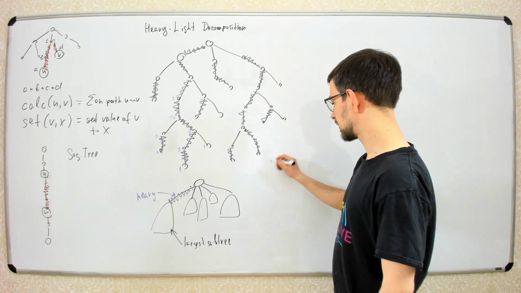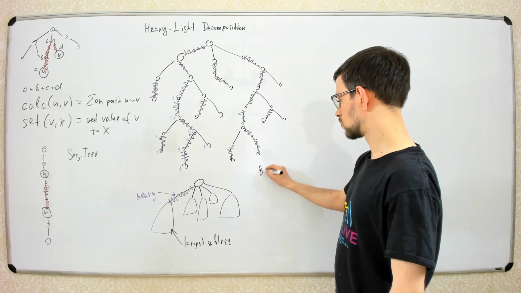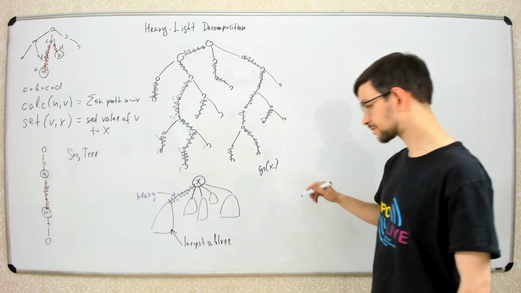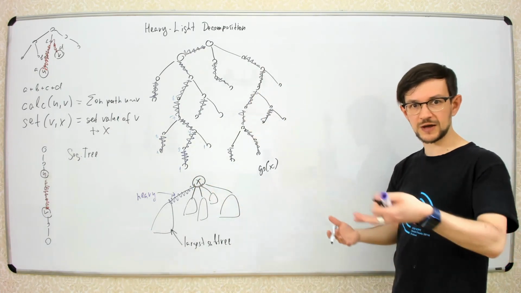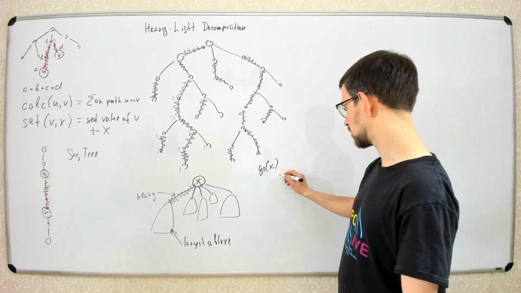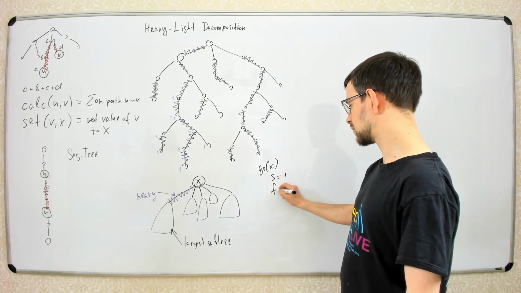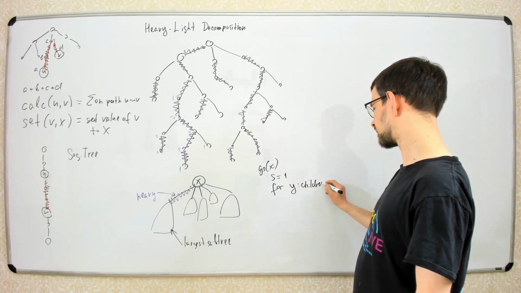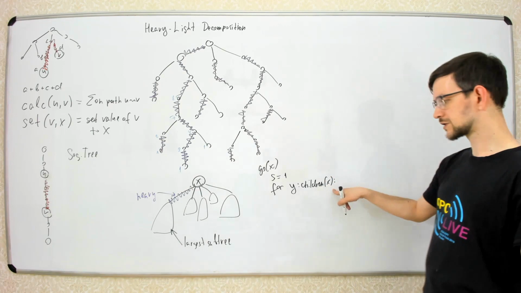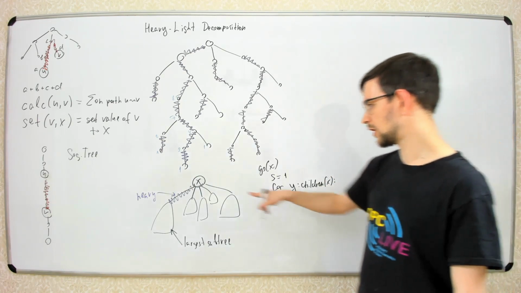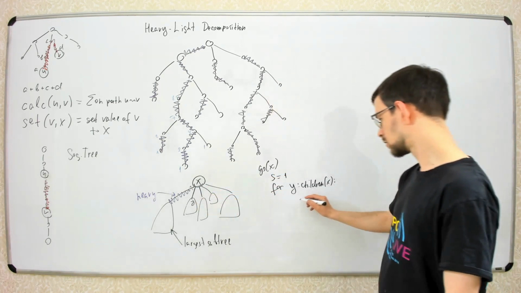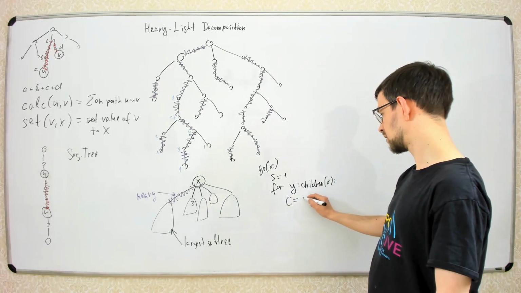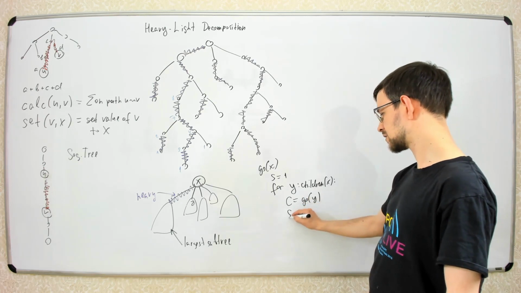So you call this function, let's say go of x. So you take this node x, you calculate the size and then find the largest child. So let's say size equal to 1, then you iterate over all children of x. Let y be a child. Calculate the size of y: let's say c equal to go of y, s plus equals c.